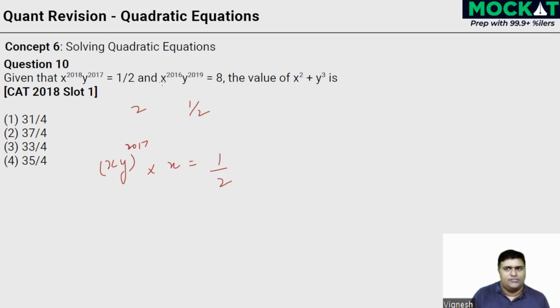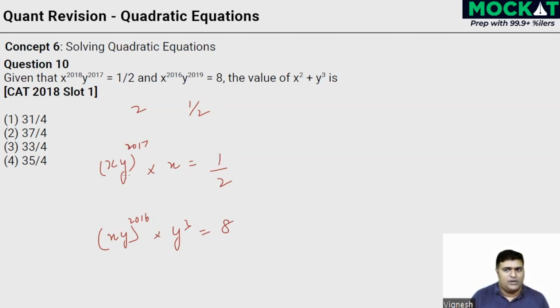The second one, x power 2016 into y power 2019, is xy to the power of 2016 into y cube, which is coming to 8. From this itself, if one is the reciprocal of the other, what can I say over here?